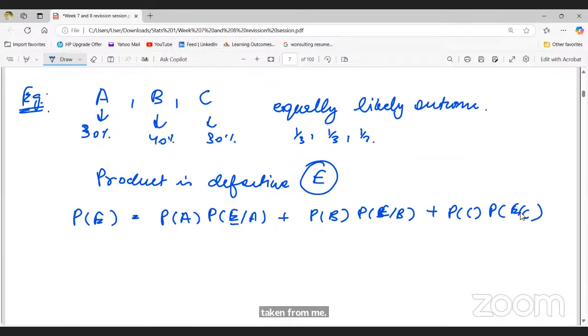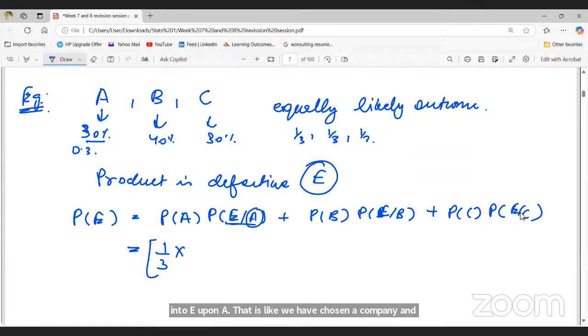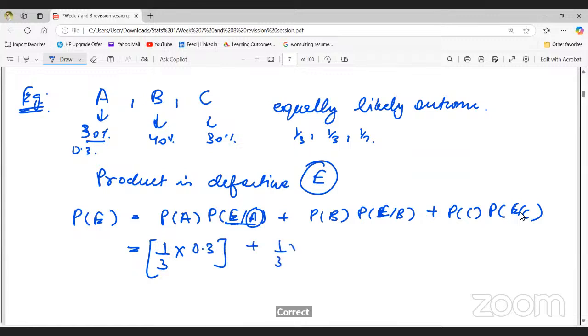Now let's put the values here. The probability of choosing company A would be 1 by 3, into E given A, that is, we have chosen company A and it is defective. It would be 30%, that is 0.3. Similarly, 1 by 3 into 0.4, plus 1 by 3 into 0.3.